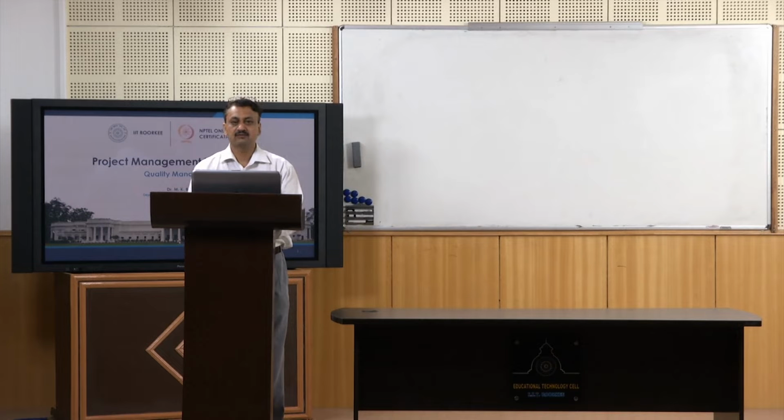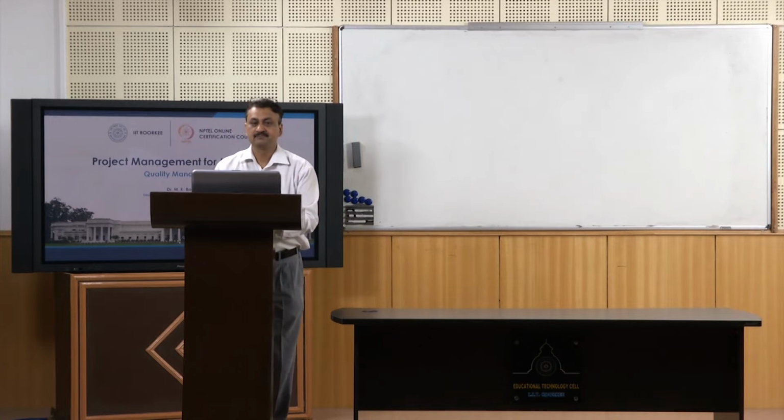We have defined quality as inversely proportional to variability, and we have seen other definitions as well. We have seen the 8 dimensions of quality, and there were 3 aspects of quality: quality of design, quality of conformance, and quality of performance, right?